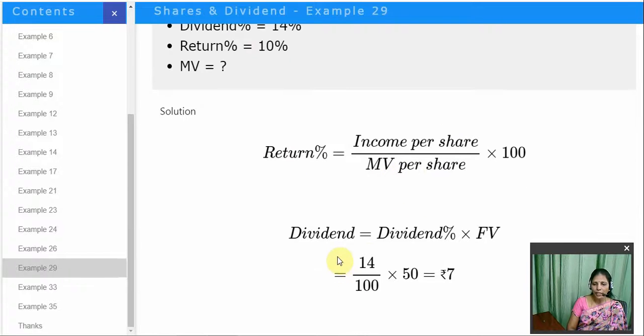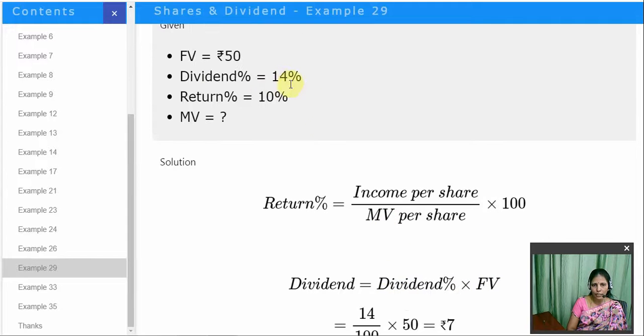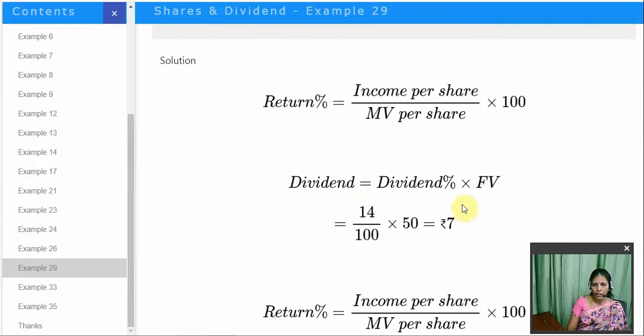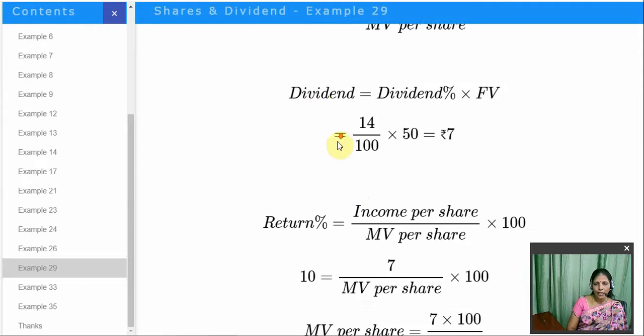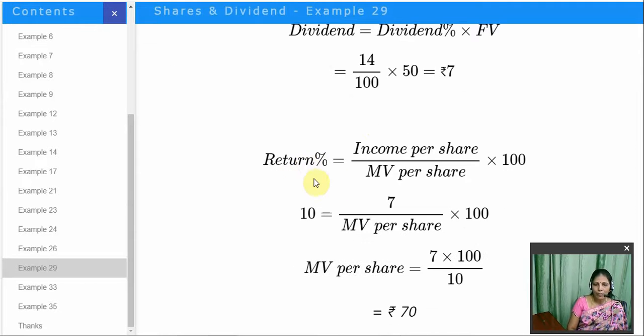Right. Now dividend is equal to dividend percentage on the face value. Dividend percentage is given as 14%. Here it's given as 14% into face value 50. So when you simplify you get 7 rupees. Now this is the dividend per share, or we can say income per share. Now take this and substitute in the main formula. The main formula is what? I have written once again here. Return percentage is equal to income per share by market value per share into 100.